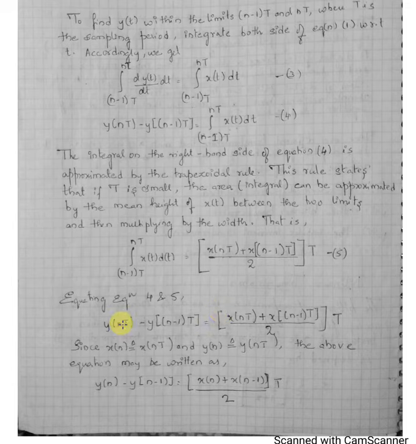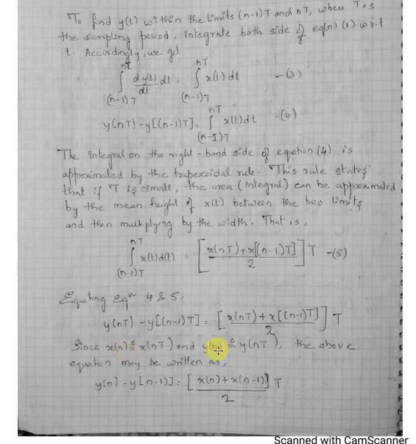Now comparing equations 2 and 6, what is equation 2? It is x of s equal to s times y of s. Comparing equations 2 and 6, there it was x of s, here it is x of z.